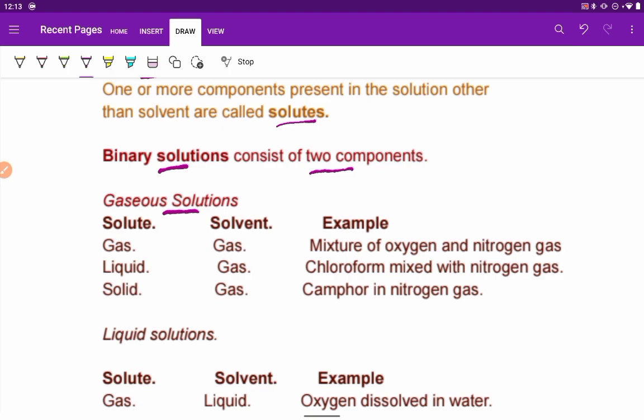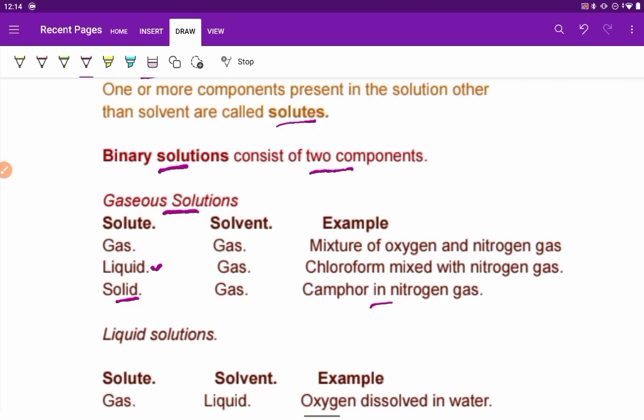When the solute is a gas and the solvent is also a gas, we get a common example of a mixture of two gases, oxygen and nitrogen gas. When the solvent is gas but the solute is liquid, the example is chloroform mixed with nitrogen gas. If the solvent is a gas but the solute is solid, as we find in camphor in nitrogen gas.